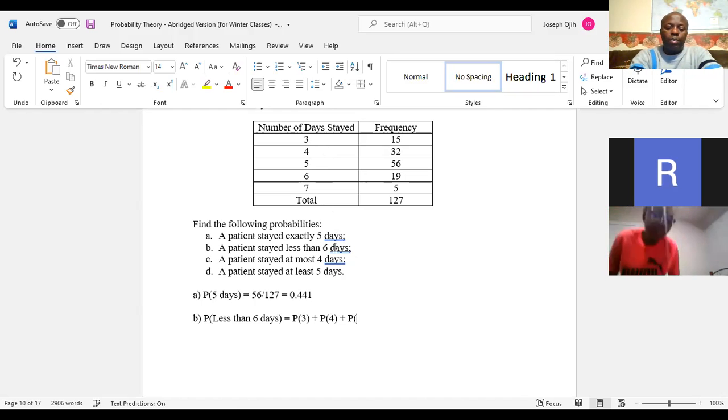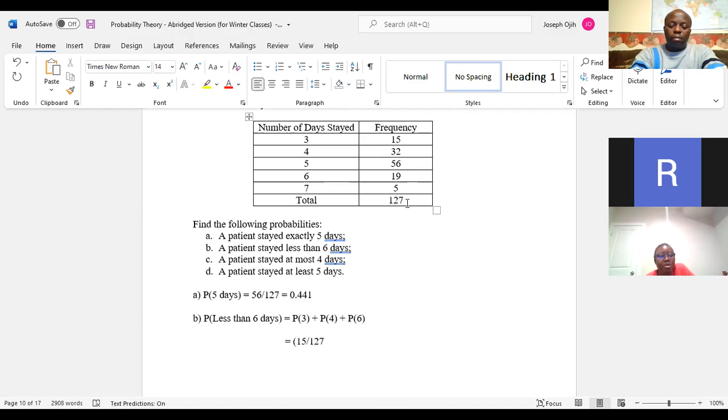You cannot include 6 days because he stays less than 6 days. For 3 days we have 15 out of 127, plus for 4 days we have 42 out of 127.